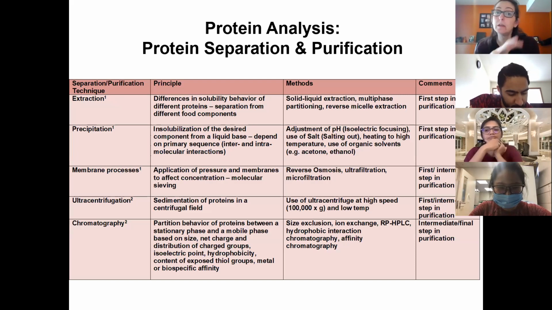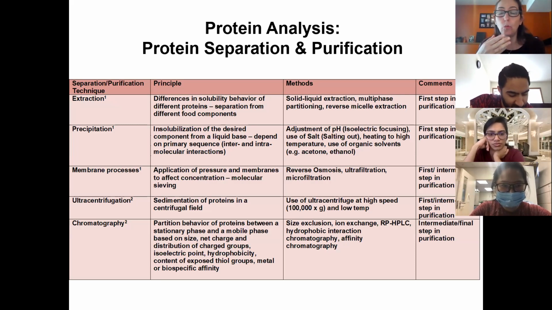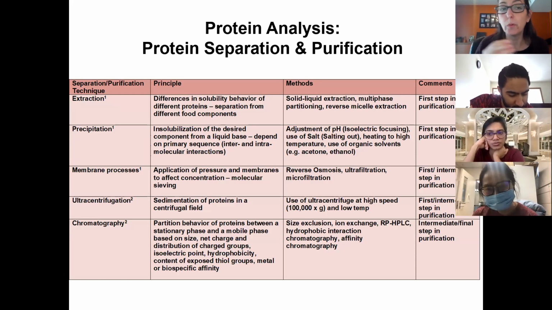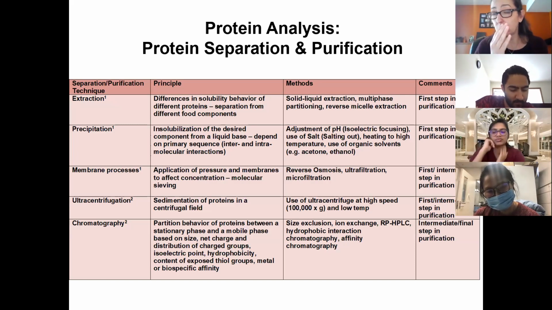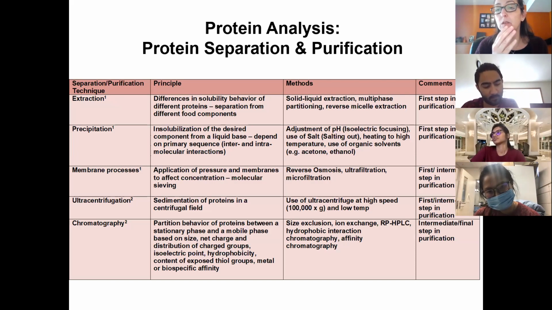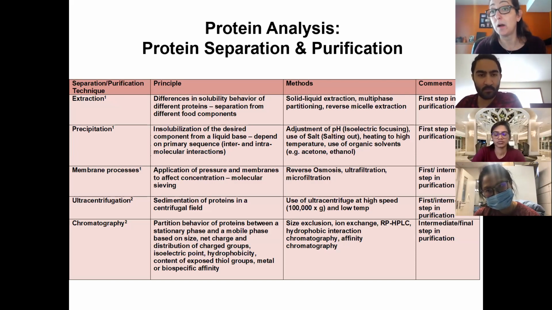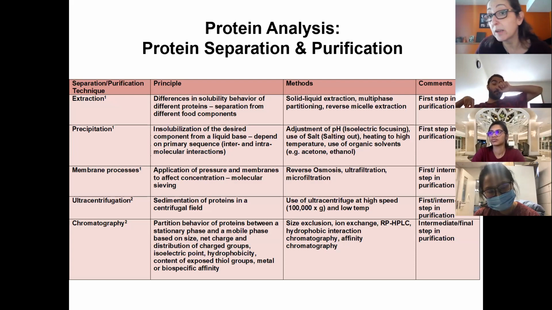Okay, so here's another table that summarizes the process of purification. So what do we start with? First of all, we start with extraction. We need to remove the protein from a matrix. So we extract it. We can solubilize it, for example, to separate it from others by specific conditions that would solubilize the protein.